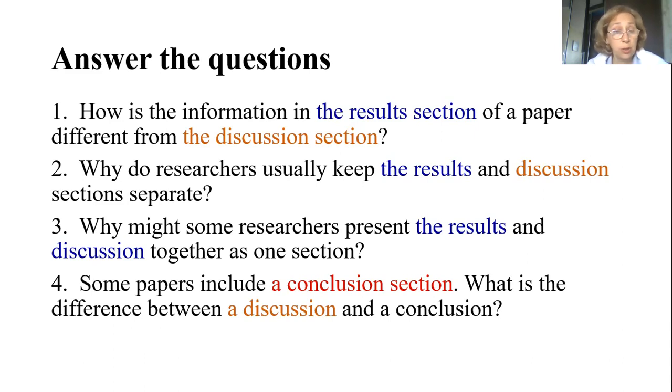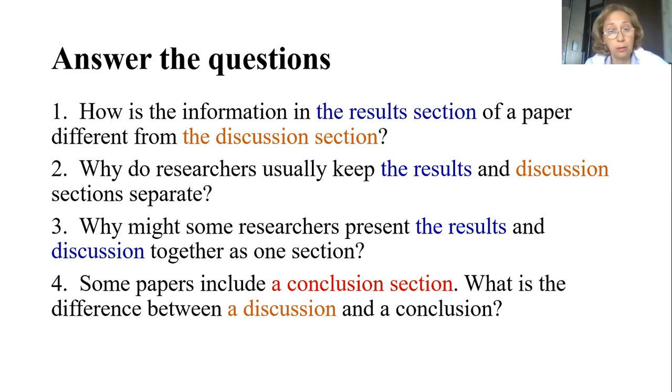Okay, you are right. You say that conclusion is more global. The discussion just summarizes the results. So it explains the results, the findings of the experiments. But conclusion is the summary of the whole paper. It just concludes the ideas from the whole paper.